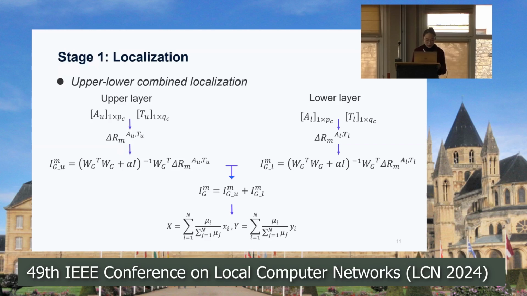Then combining the weight matrix WG, the image of the upper layer IGMU and the image of the lower layer IGML can be calculated. To integrate the results of the upper and lower layers, the pixel values of the two images are added as IGM. Then we select the pixels with the first n maximum values, and the final location of the human can be calculated as follows.